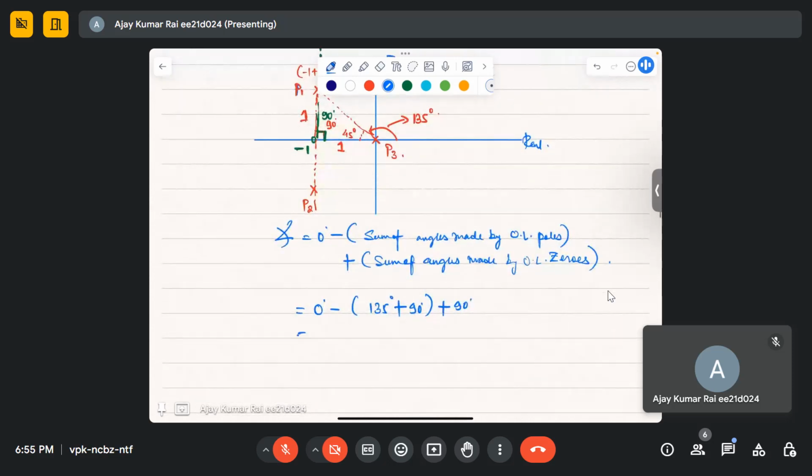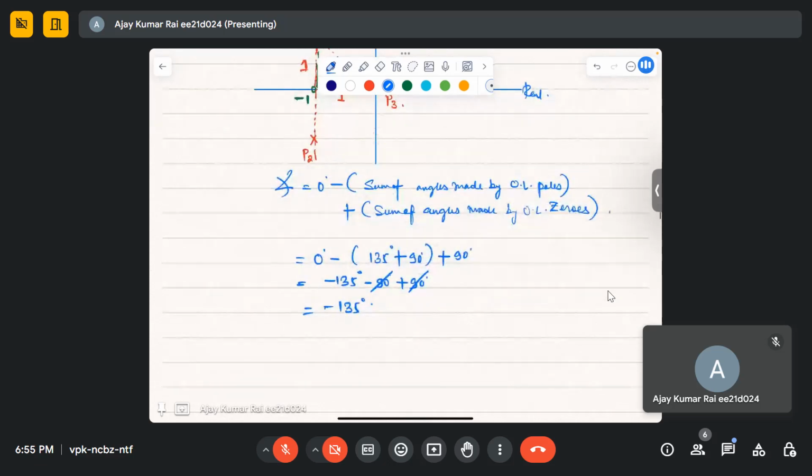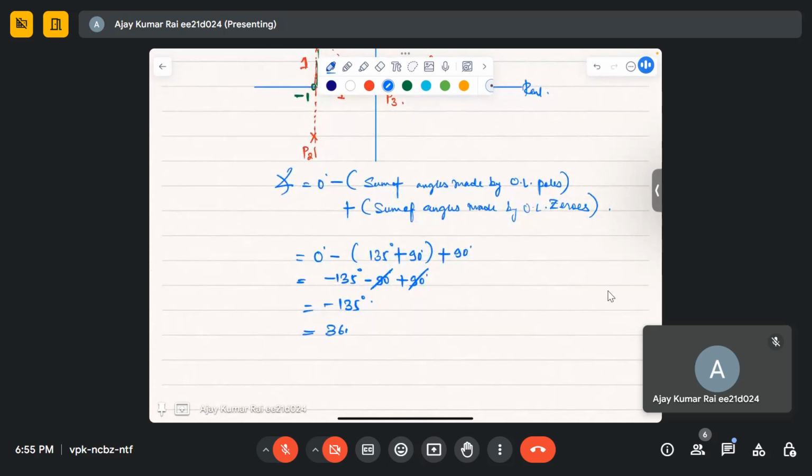Okay, so what is the sum? Minus 135. If you want to get positive, then you do 360 minus 135.